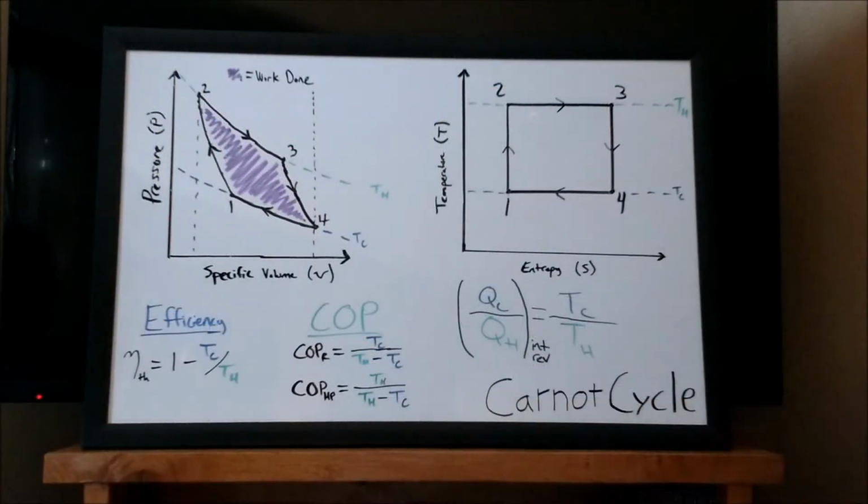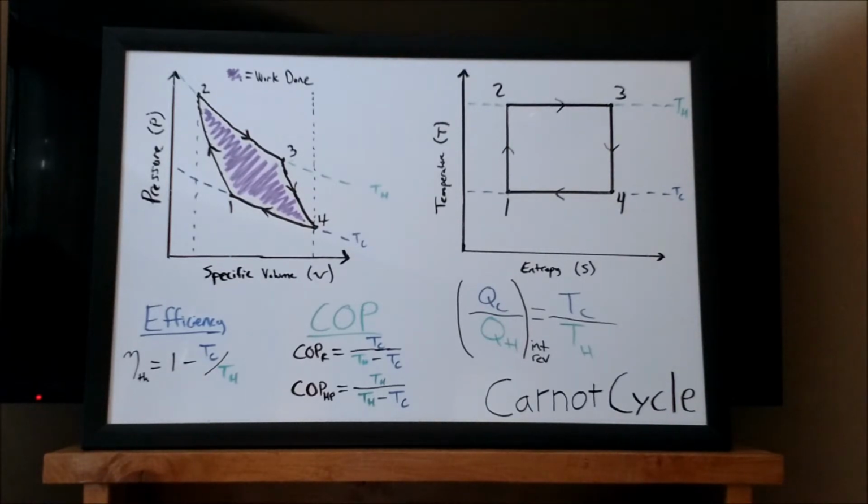Now we're going to be discussing some equations that govern the Carnot cycle. For any cycle, the effectiveness or the efficiency of a power cycle and the coefficient of performance of heat pumps and refrigerators can be interpreted as the useful output divided by the input. For a power cycle, the thermal efficiency is given by QH minus QC divided by QH.